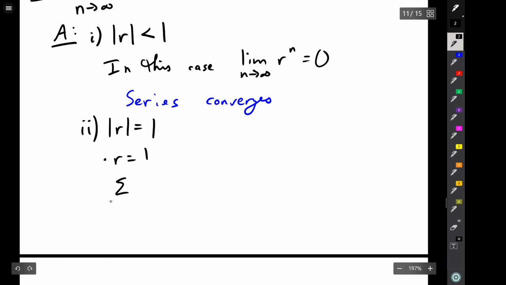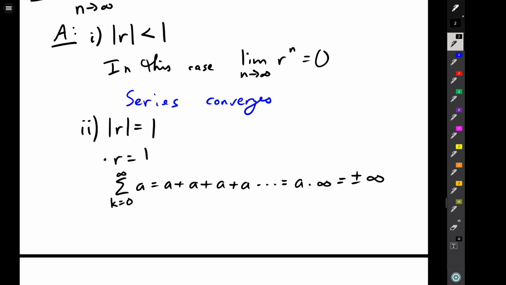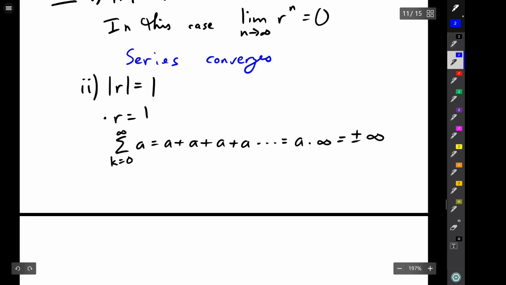Then this series is k equals 0 to infinity of, well, a, right? Because r is just 1. So this is a plus a plus a plus a, which is sort of a times infinity, really. So that means this is going to be plus or minus infinity. All right? So here, the series diverges.